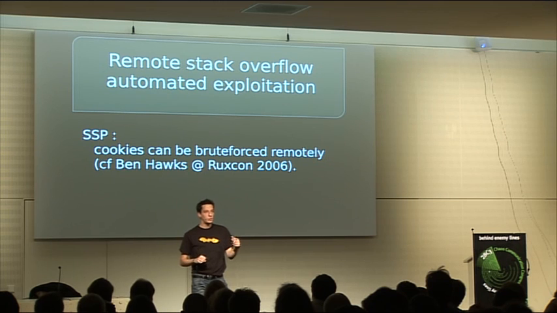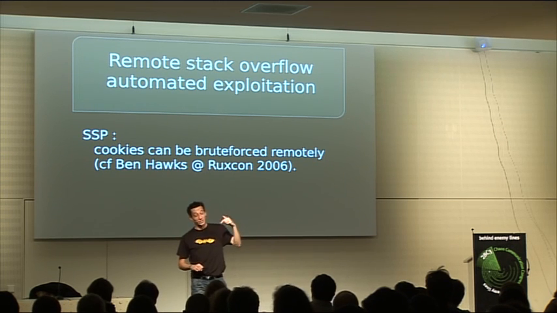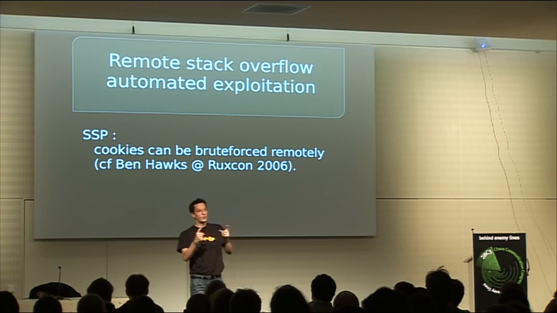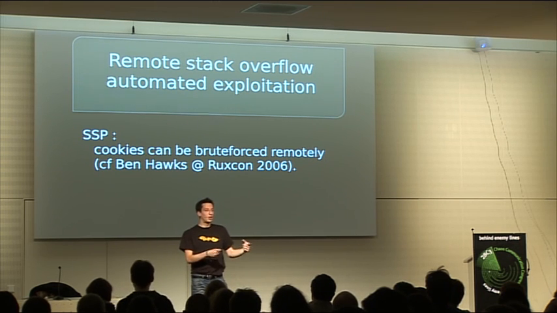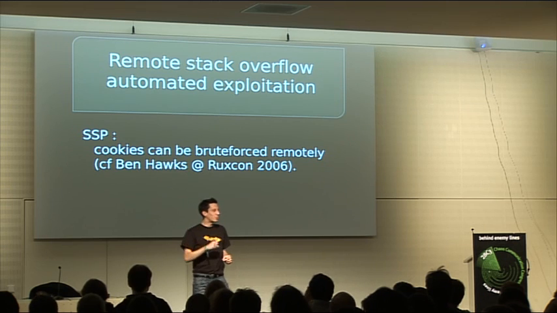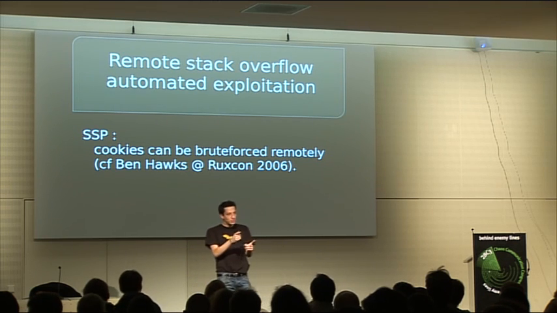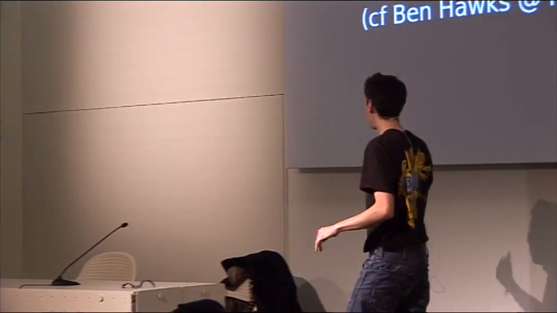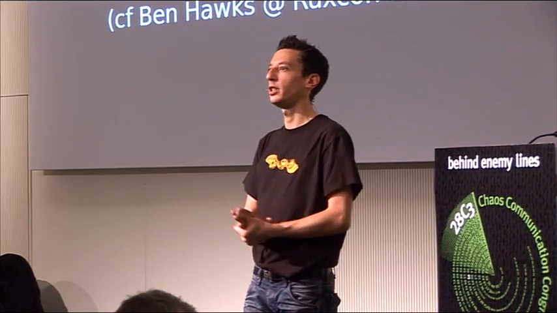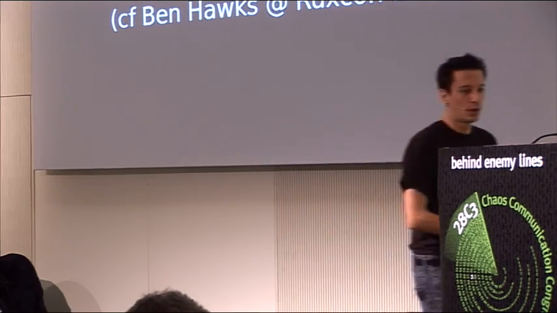I have 256 tries, and after 256 tries, one of them is actually going to succeed. And that's going to give me the first byte. So byte per byte, you have 4 bytes, assuming a 32-bit architecture. So in 1,024 tries, you can actually brute force the stack cookie. Yep. And that's pretty bad.